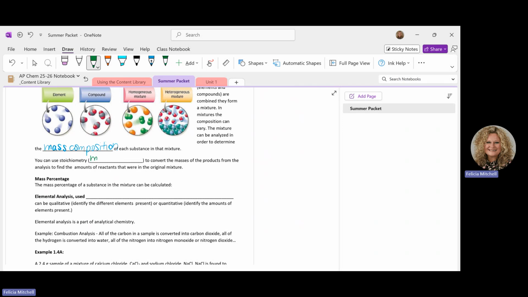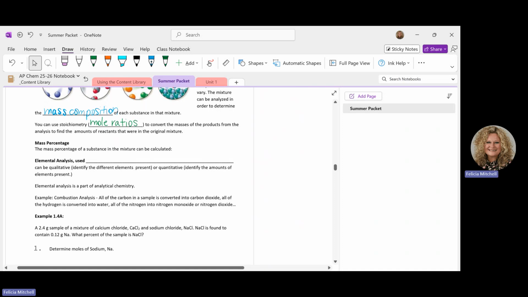We will be doing stoichiometry or mole ratios to solve these problems. The mass percent of something in a substance is basically the mass of the individual substance divided by the total mass of the mixture, okay, times 100.